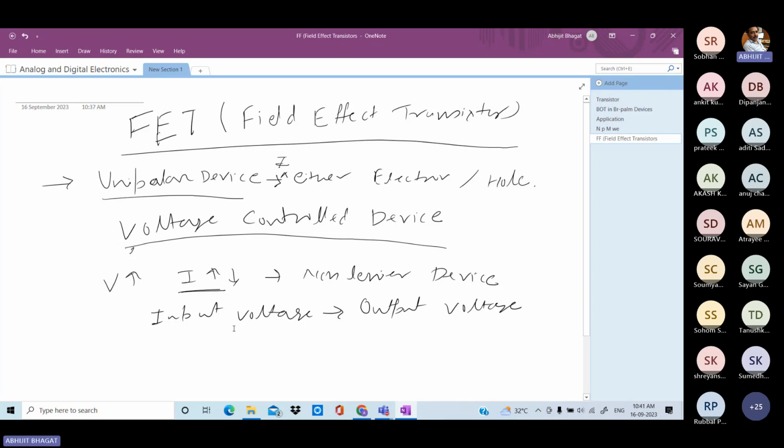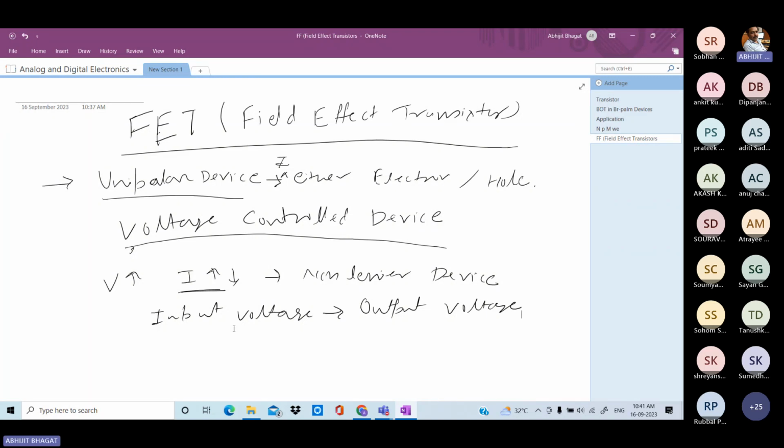You can note down. Just write one line, what I explained, I am saying the same. In case of FET, the output is controlled by the applied input electric field, that means voltage.